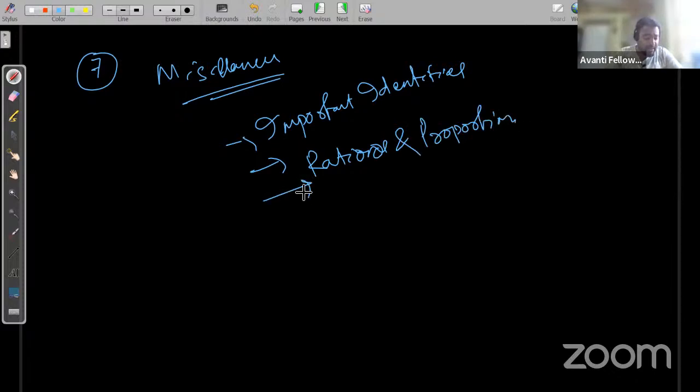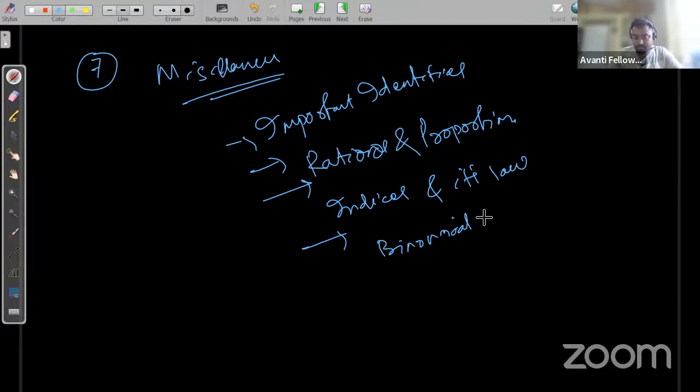And the third one is indices and its laws. All of you know these things. And the last one is the binomial theorem. It's very new to you, but no need to worry. We'll discuss it. Binomial theorem is a topic in your 11th class syllabus also.